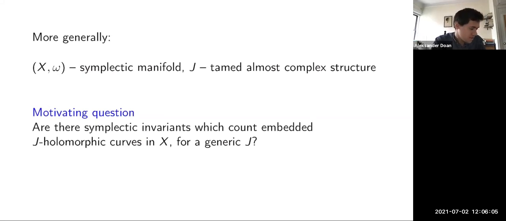And the main motivation for this talk is the following question: are there other symplectic invariants which count embedded J-holomorphic curves in X for a generic choice of the almost complex structure? What I mean by that is you want to count these curves and then you want the result to be independent of the choice of J, which is some sort of auxiliary data. And of course, this is a question many people thought about.